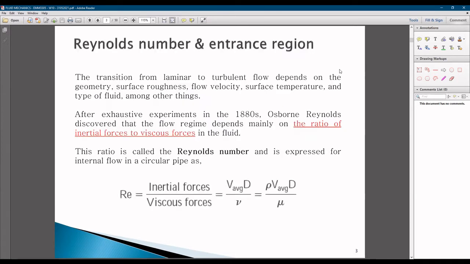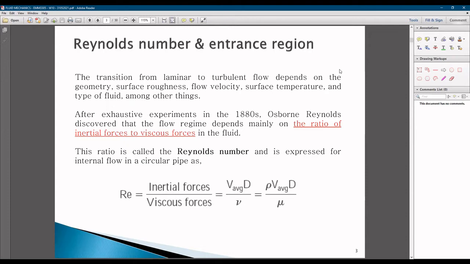Okay, for the Reynolds number and entrance region, as you know, the transition from laminar to turbulent flow depends on the geometry, surface roughness, flow velocity, surface temperature, type of fluid, and among other things.